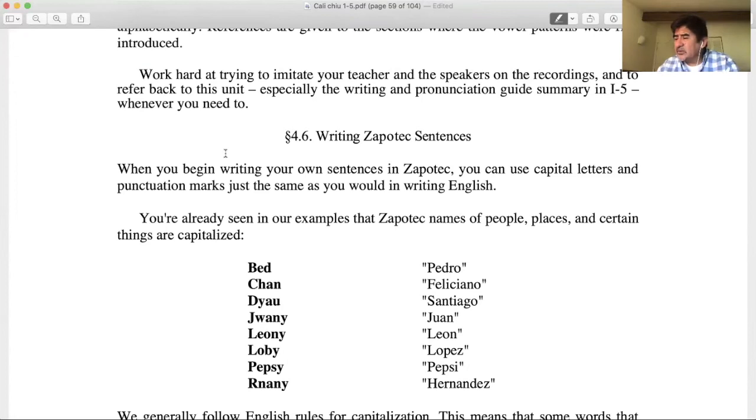So as we talked about, every language has rules, and then we work on some of the rules that we have in writing Zapotec. So one of the first things that you need to know is that when you write proper nouns, just like Spanish or English, we use a capital letter.